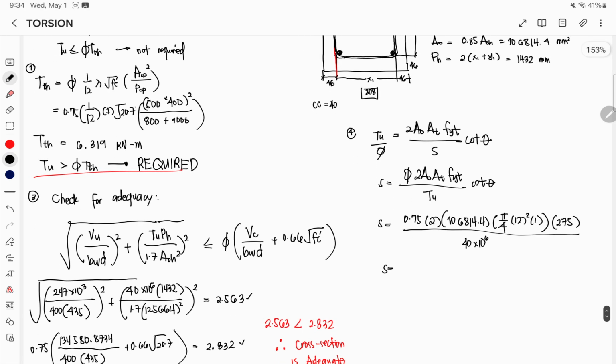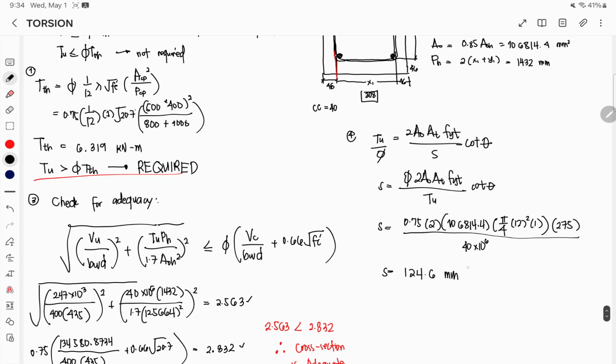So for the value of spacing, it is equal to 0.75 times 2, 106814.4 over 4, over 4, 12 squared times 275 divided by 40 times 10 raised to 6. We have 124.6 mm.